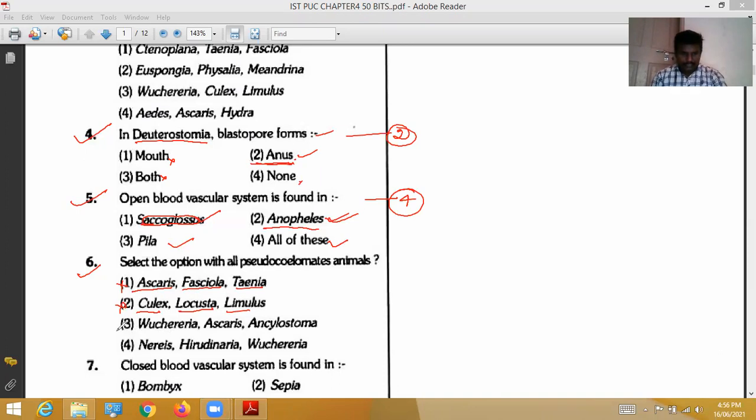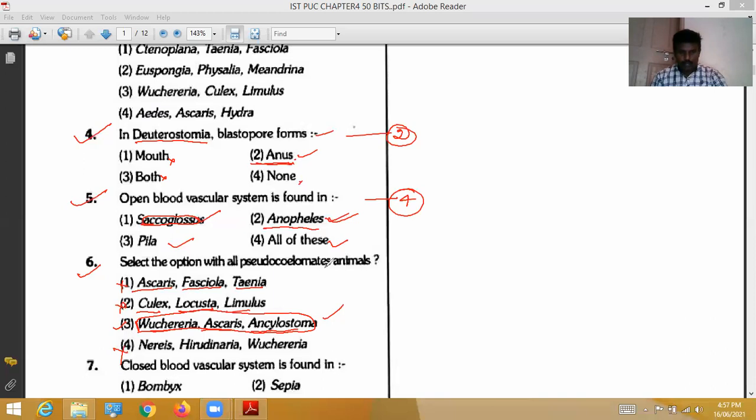It is a wrong option. Third option: Wuchereria, Ascaris and Ancylostoma. These 3 organisms show pseudocoelomate character. Pseudocoelomate means the coelom is actually absent, but the body cavity seems like a coelom. Such animals are called pseudocoelomates. So among these, the third option is correct.